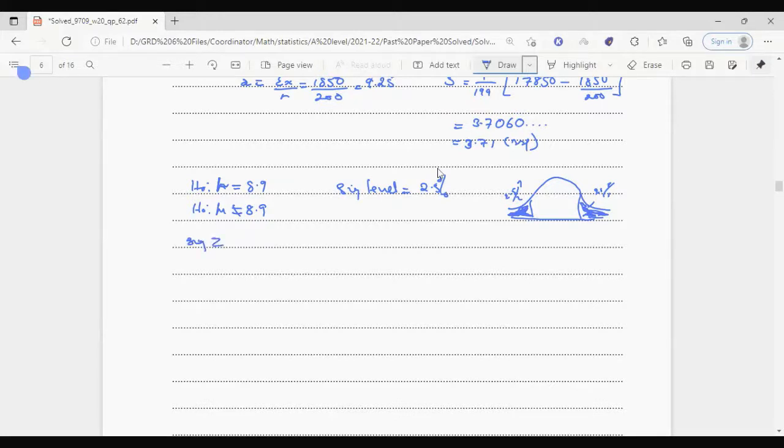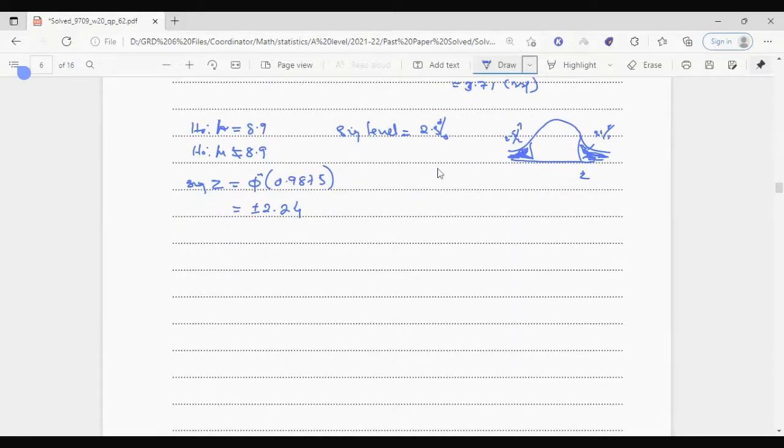So the z value will be phi inverse of 0.9875, which is equal to plus or minus 2.24. So why is it 0.9875?